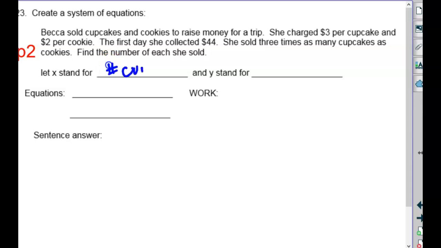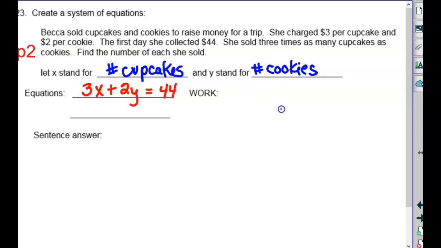So whatever order you choose this time. So the first equation would be she sold $44 worth. So the order I did it in would be 3x plus 2y equals 44.